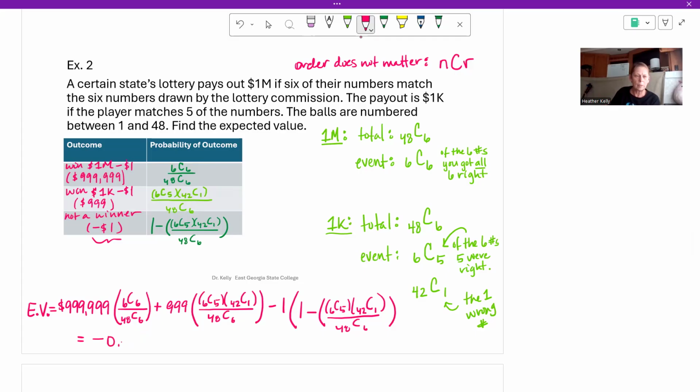Negative 0.898, which means over time, you lose on average 90 cents each play.